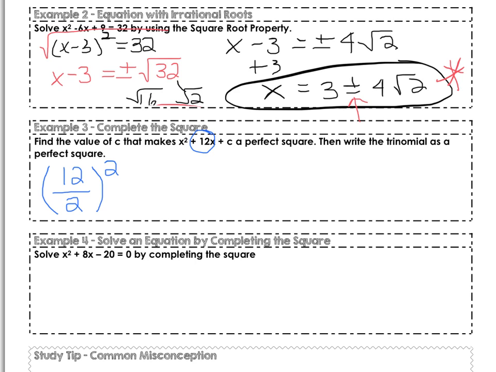So 12 cut in half is 6. 6 squared is 36. So my value for c is 36. And now we're going to create a perfect square trinomial of x plus 6 squared. An observation: the quantity that goes inside of here is always half of my b. Did you notice that before?